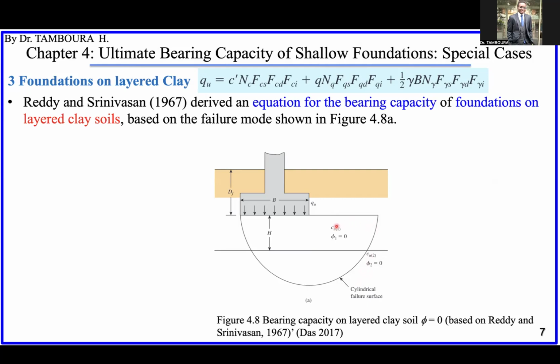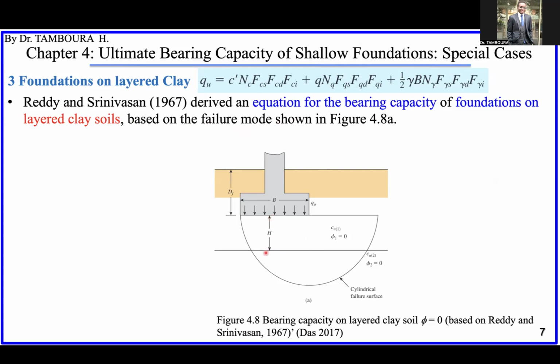Or sometimes inversely, the upper soil layer is stronger than the bottom one. Depending on the ratio between the undrained shear strengths of the top layer and the bottom layer, they propose an equation to estimate the bearing capacity.